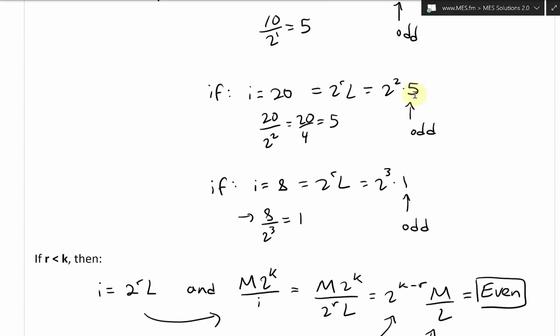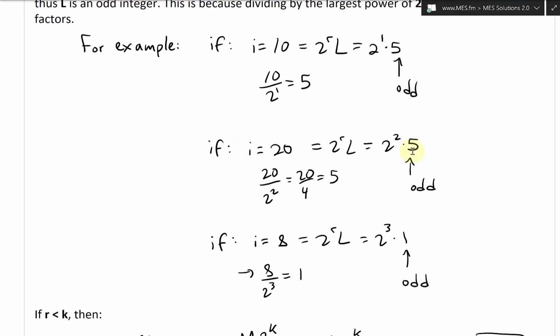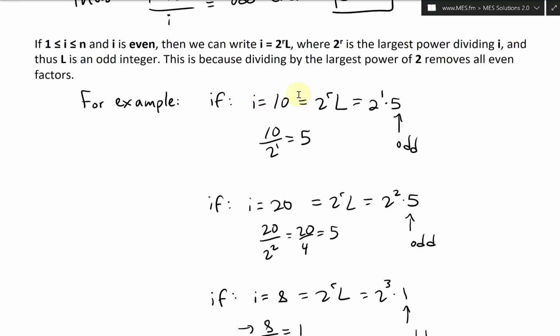So for example, this 5 right here, and this L is less than i. So in this case, m over L equals 1 times 3 times 5 times 7 times 9 divided by 5. So in other words, these cancel out, so it's going to be an integer, an odd integer.